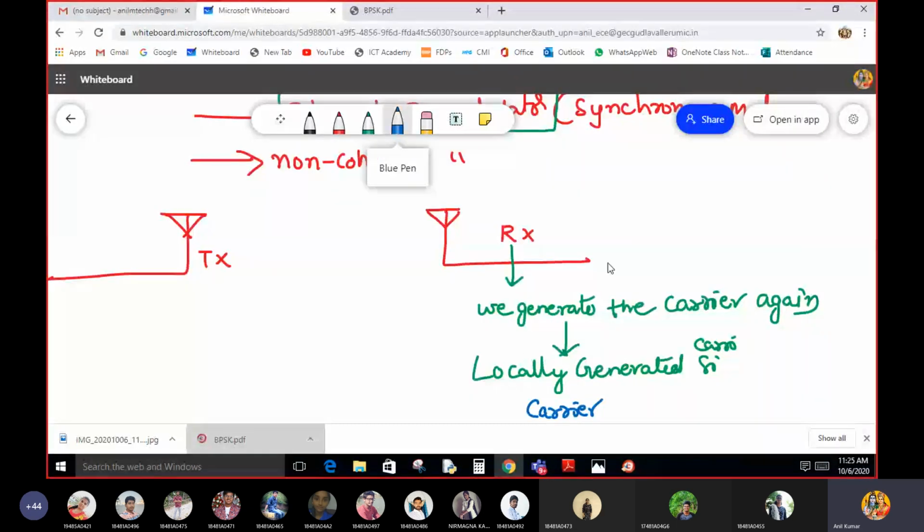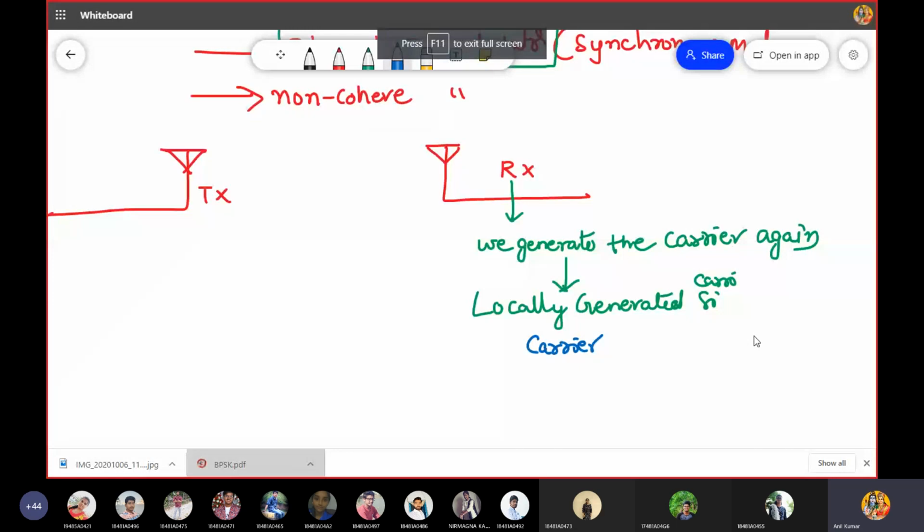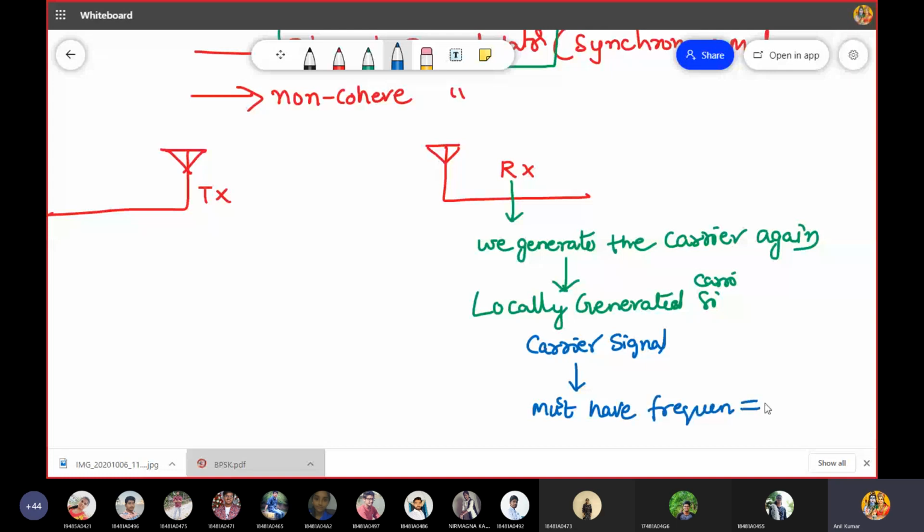So here the locally generated carrier signal must have a frequency equal to the transmitter carrier signal frequency.